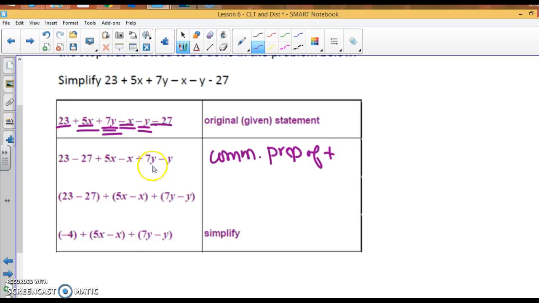Now, why is this subtraction? Well, isn't that the same as add the opposite, so add negative y? So if you keep the sign the way it is in front of it, it is still addition. Now, look what happened. We added parentheses. The order is the same from this line to this line, so that's the associative property.